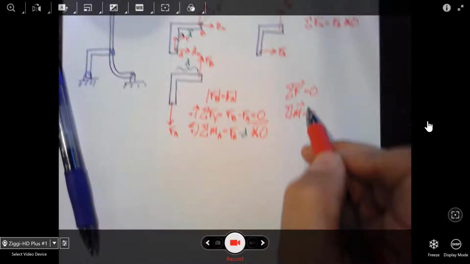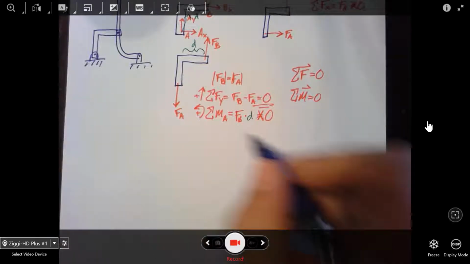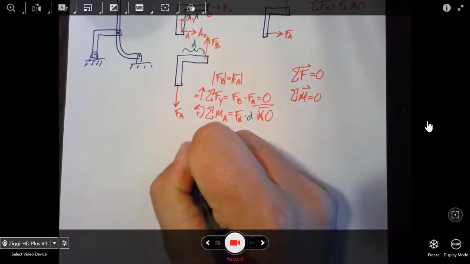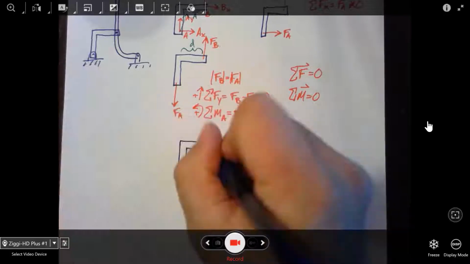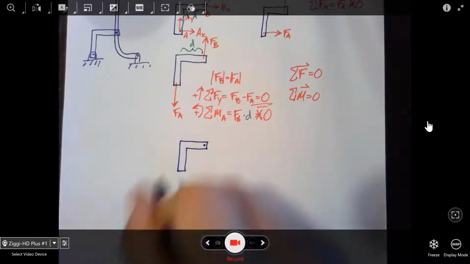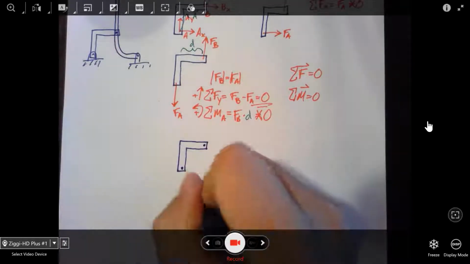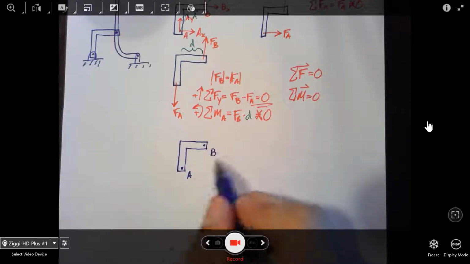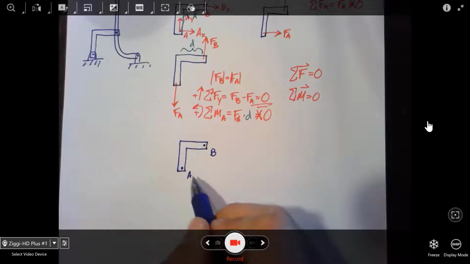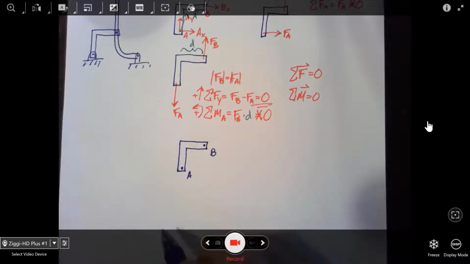So let's draw this guy yet again and say what condition has to be true if I'm going to apply a force here and a force here at A and B. If the forces are non-zero, what has to be true in order for it to be in static equilibrium? Is there any way that we could do this that would cause it to be in static equilibrium?